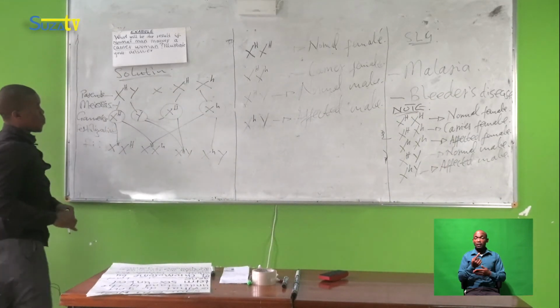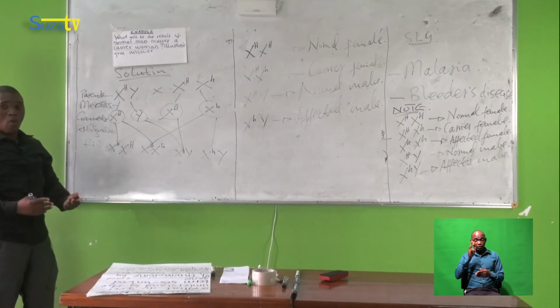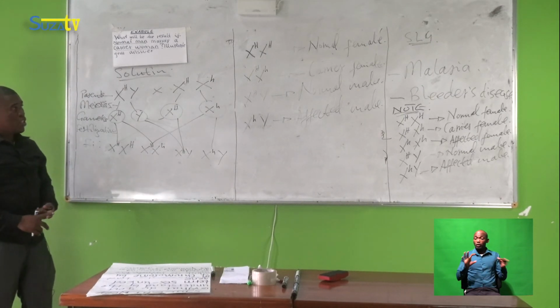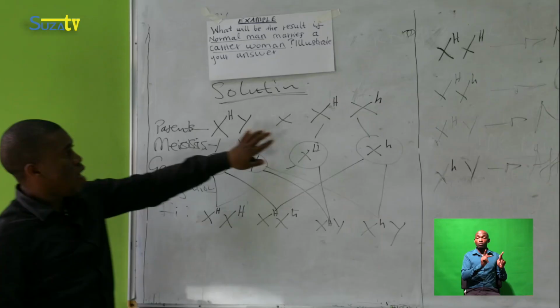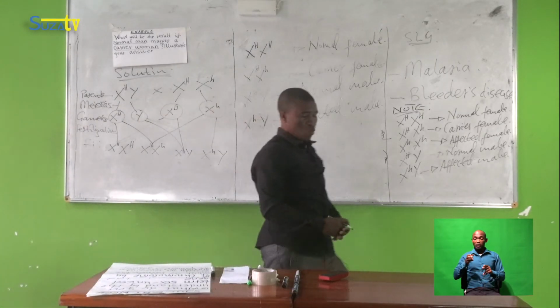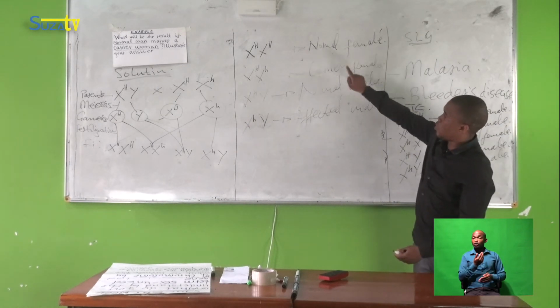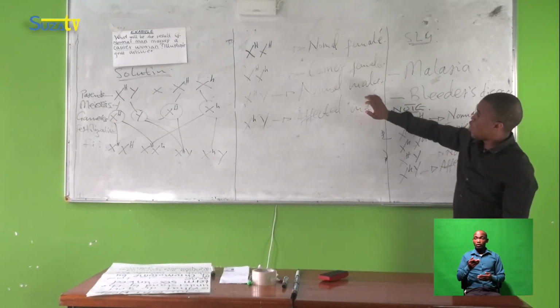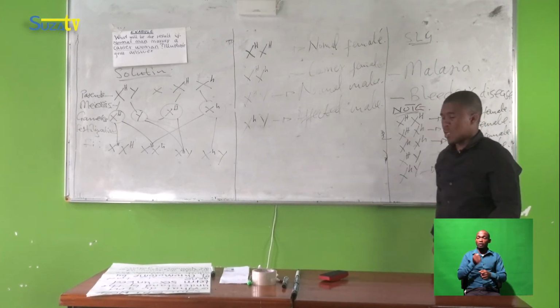If you see, the parents want to engage in a marriage. The father was normal and the mother a carrier. So their children will be a normal female, a carrier female, a normal male, and an affected one.